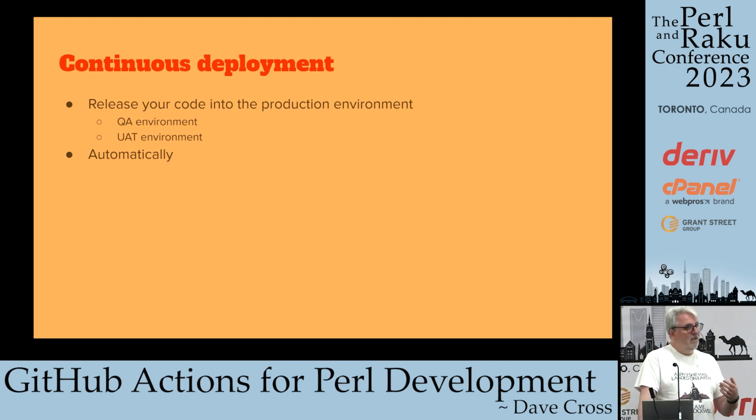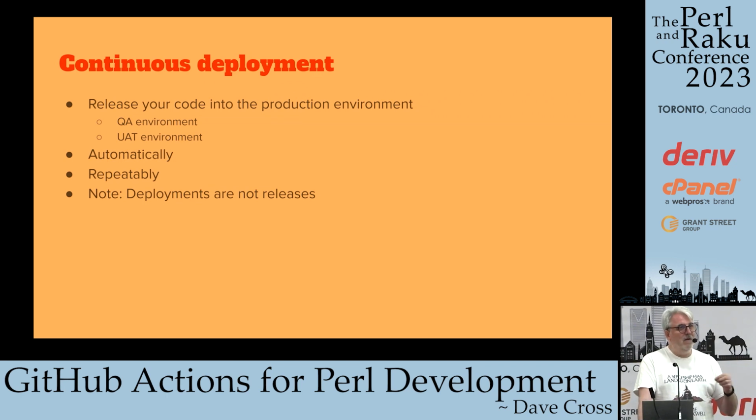Long gone are the days when I've worked on projects where the release process was bringing up a wiki page and following a list of steps and cutting and pasting commands into a terminal window. And it happens repeatably, so you know that when you do a release, it's gone through all the correct steps to get that release out there into production.